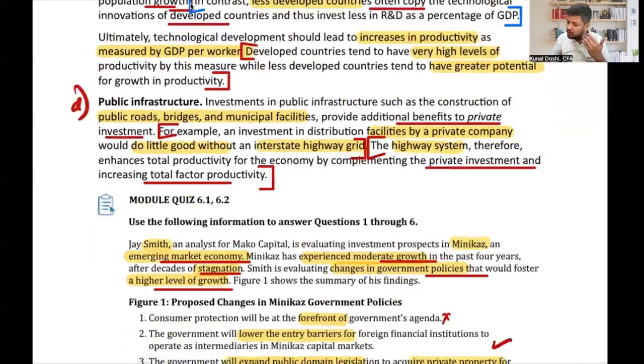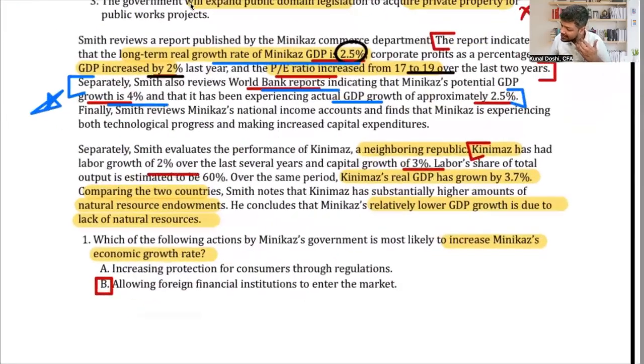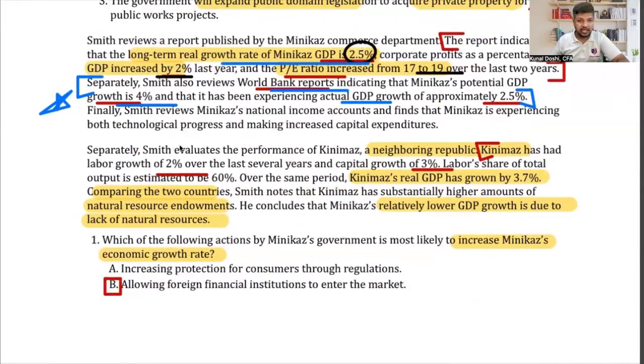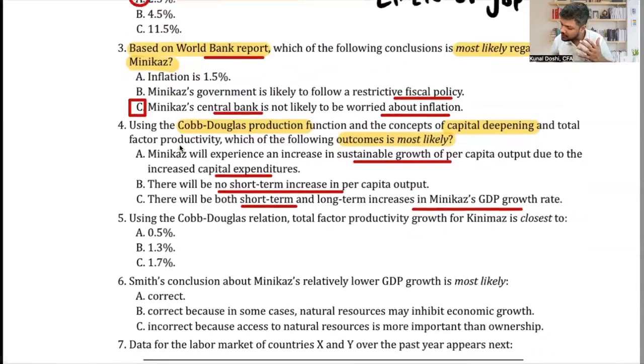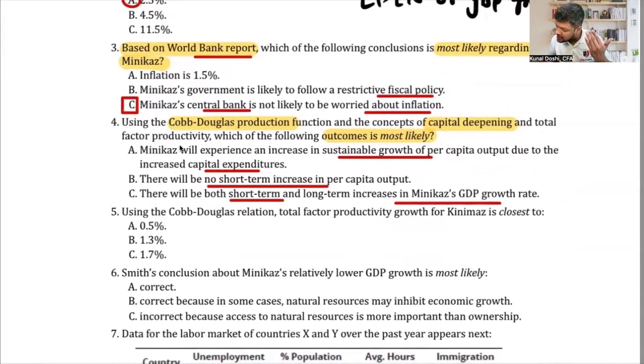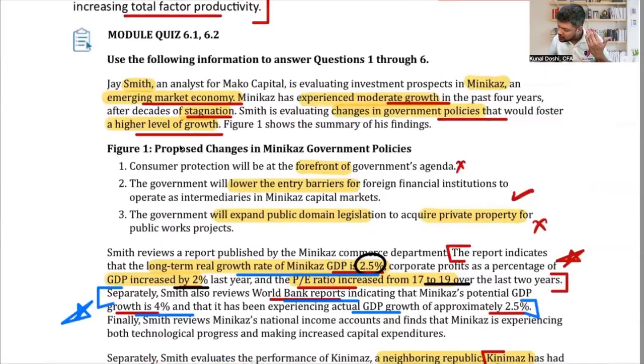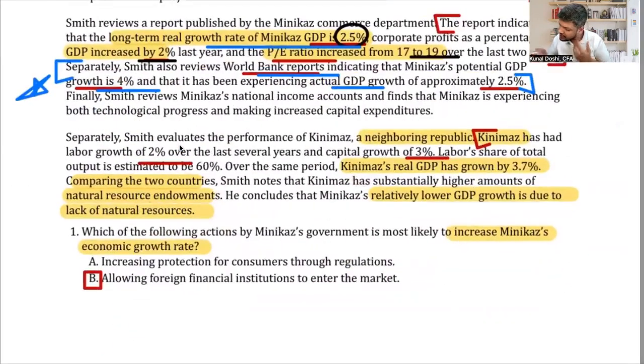Let us understand what causes increase in short-term and long-term GDP growth rate. They have asked using the Cobb-Douglas production function. Based on that, what is going to be the outcome? Will there be short-term and long-term both, or only one?